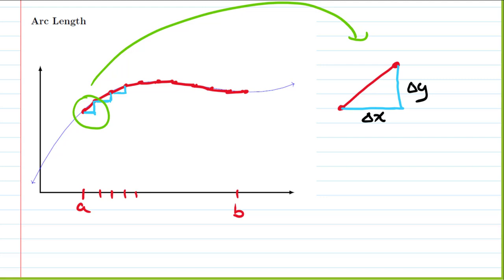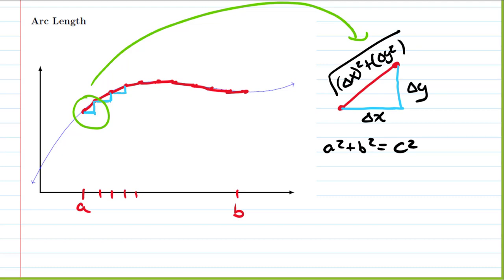So if we know the two legs of a right triangle, how do we find the length of the hypotenuse? Pythagorean theorem, right? So a squared plus b squared equals c squared. So that tells us then, if a is delta x and b is delta y, then c squared is delta x squared plus delta y squared. But then c would be the square root of all of that, right? That's just our Pythagorean theorem.